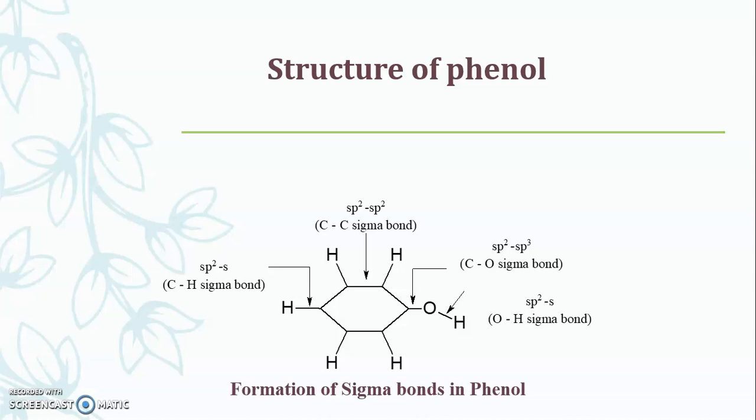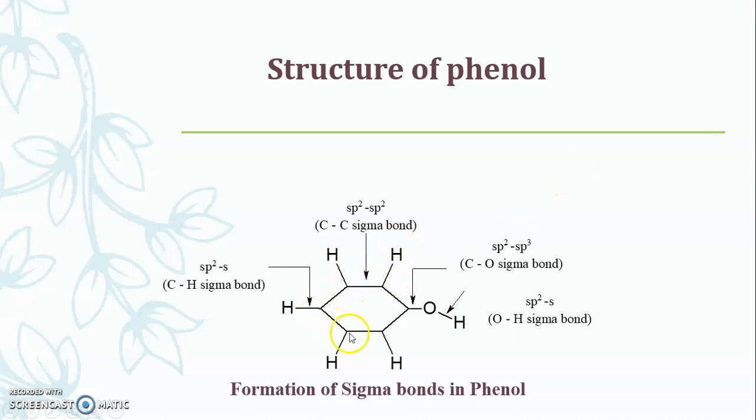So in this way one carbon atom forms 3 sigma bonds. Out of that, 2 are with neighboring carbon atoms, that is the sp2 carbon-carbon sigma bond, and the third one is the sp2-s carbon-hydrogen sigma bond.